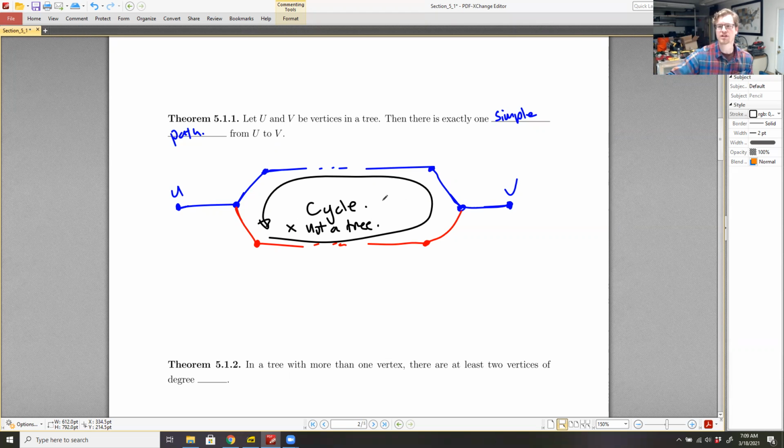So this is a contradiction. We can't have two different paths and have it be a tree. Those can't happen at the same time. So if it's a tree, then it doesn't contain any cycles, so it doesn't have two simple paths. So there has to be exactly one.